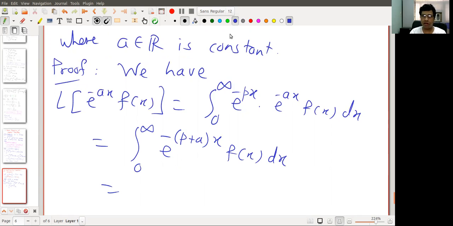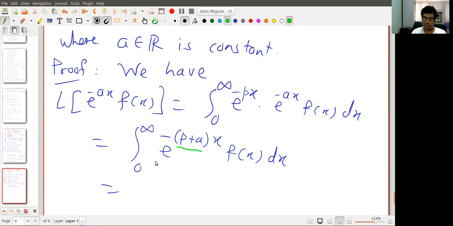Now, if we write p1 for this p plus a, then it is integral 0 to infinity e raised to minus p1 x f of x dx, which is capital F of p1, where transform variable is p1.